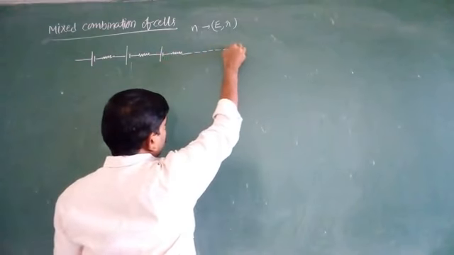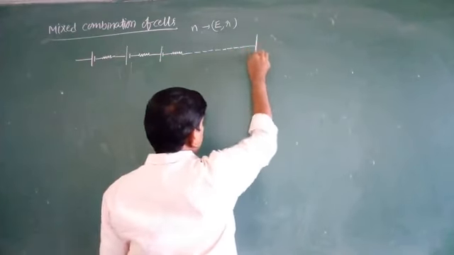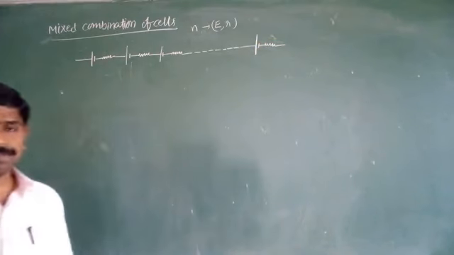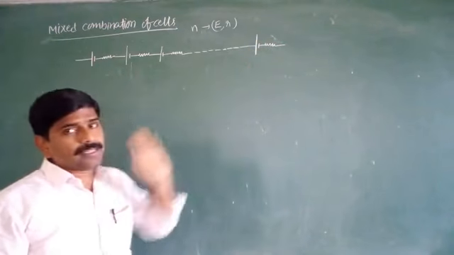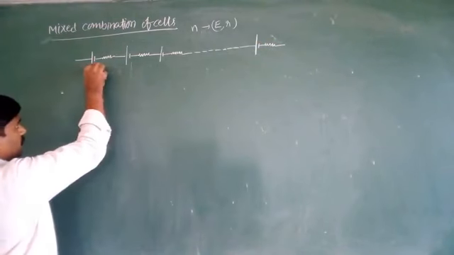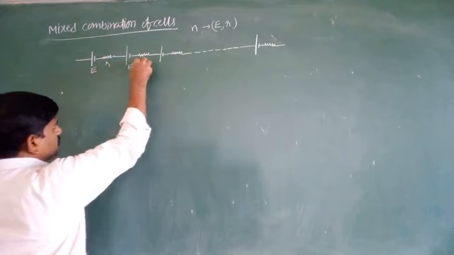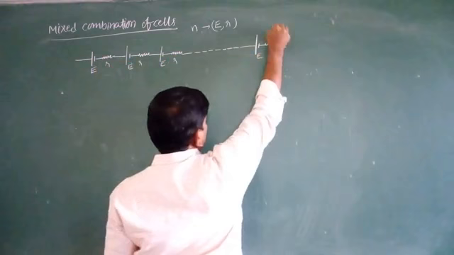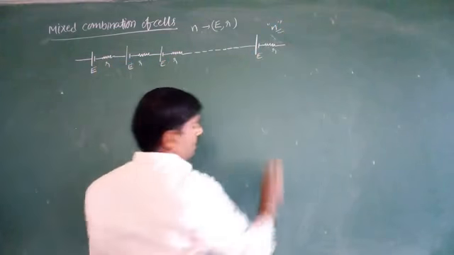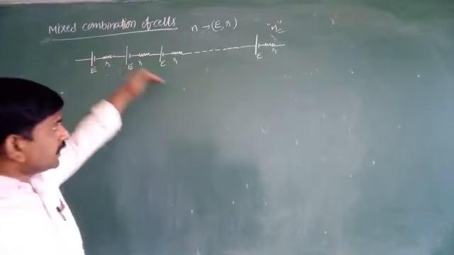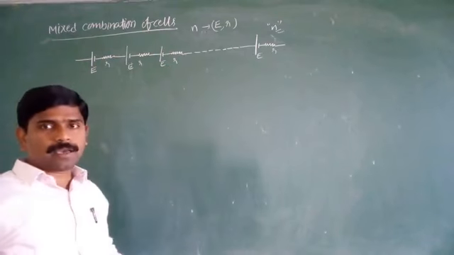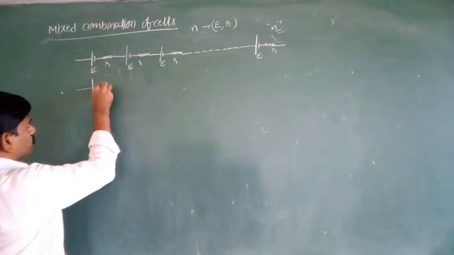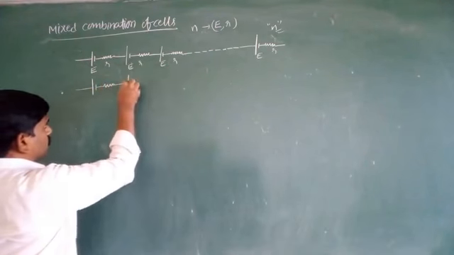Like that, N cells are connected in the series combination, each of EMF E and internal resistance R. How many cells are there? N cells. Such type of rows, M rows are present.